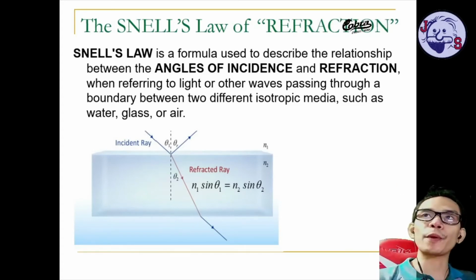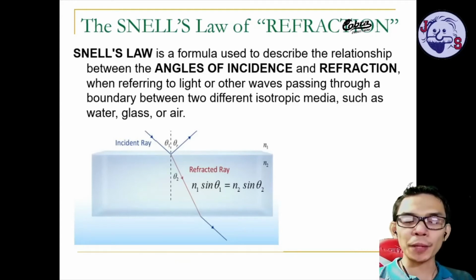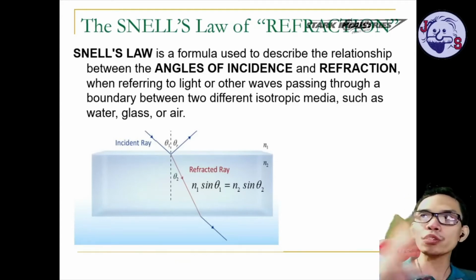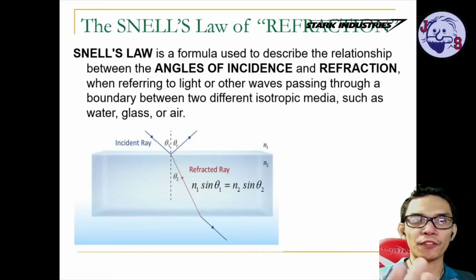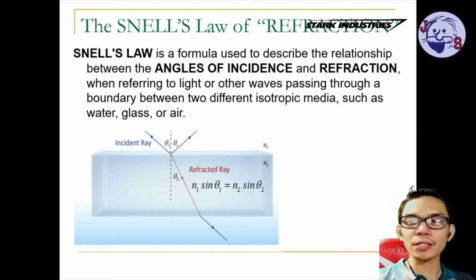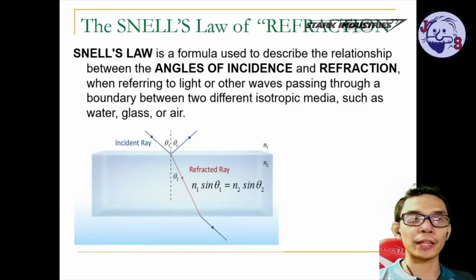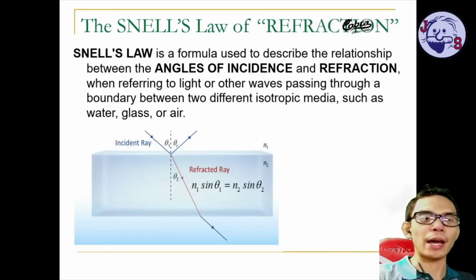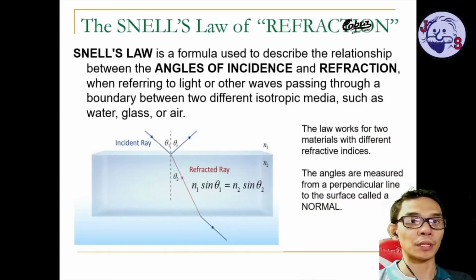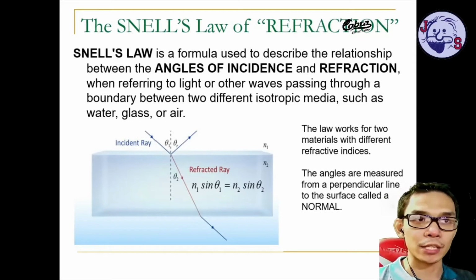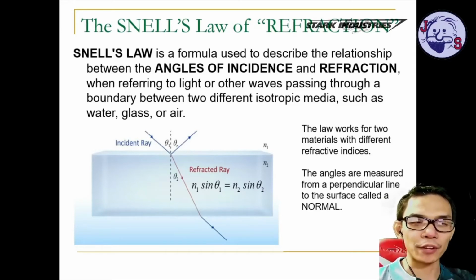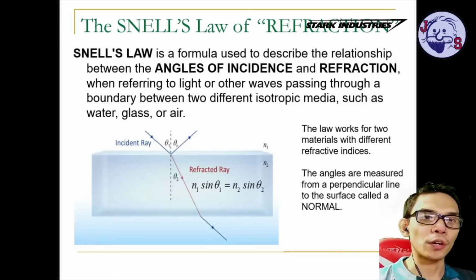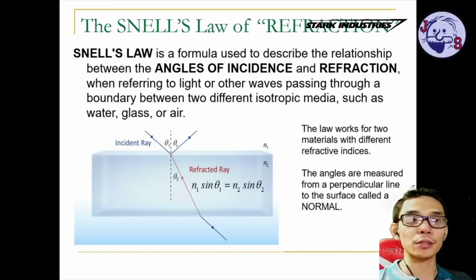In our previous lesson, it is used to describe the relationship between the angle of incidence and angle of refraction of two materials with different refractive indices. If the two materials have the same refractive index, it will be impossible for refraction to occur.